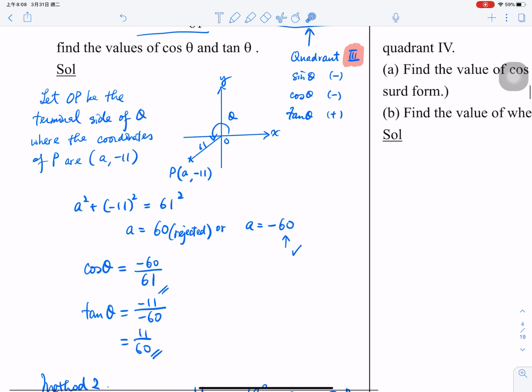As a result, we find the value of a, and remember a is the x coordinate, so it depends on the quadrant that theta lies in. Now in quadrant 3, the x coordinate should be negative. As a result, you can find cosine theta and tangent theta by definition: x over r and then y over x.